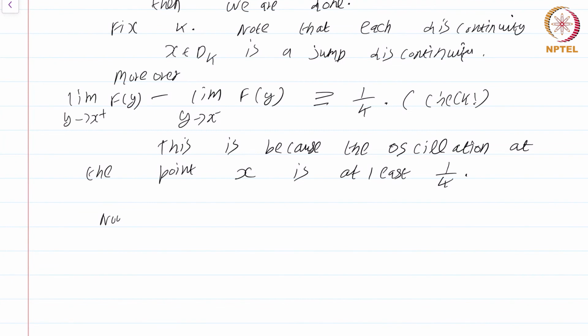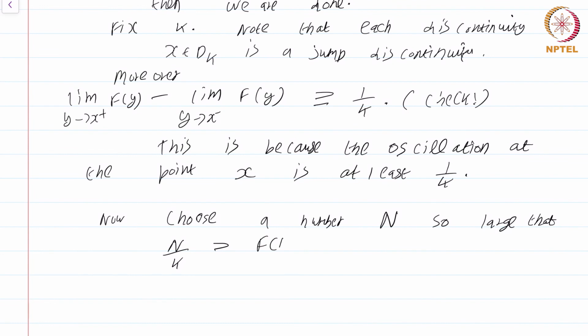Now choose a number, let's say capital N, so large that N by k is strictly greater than f of b minus f of a. This is always possible because f of b minus f of a is a finite quantity.